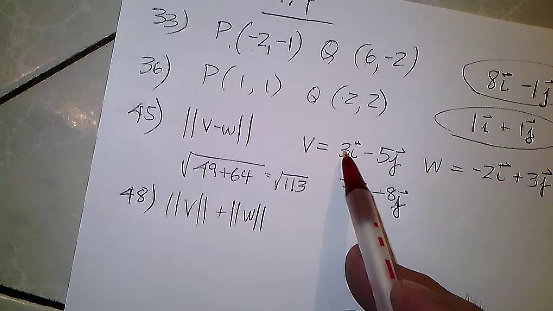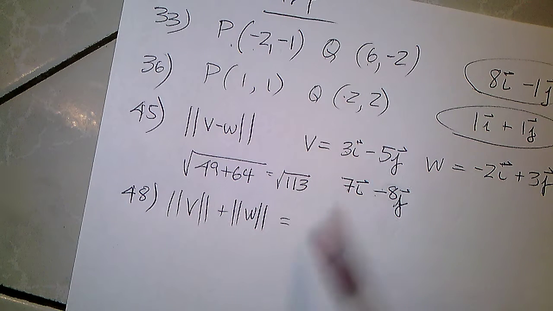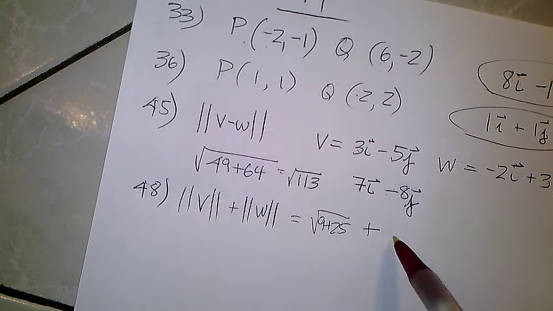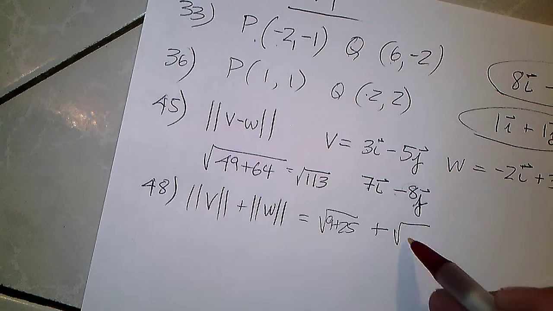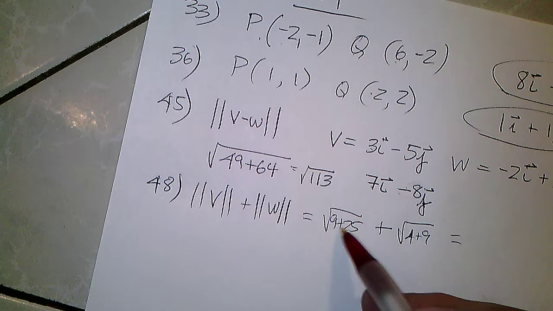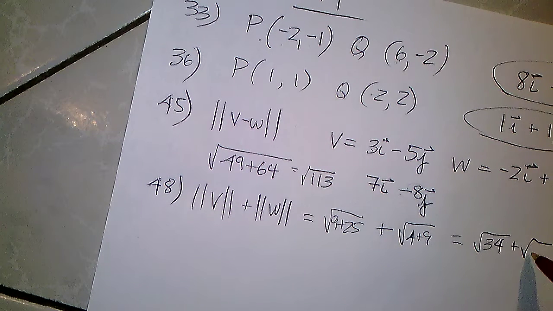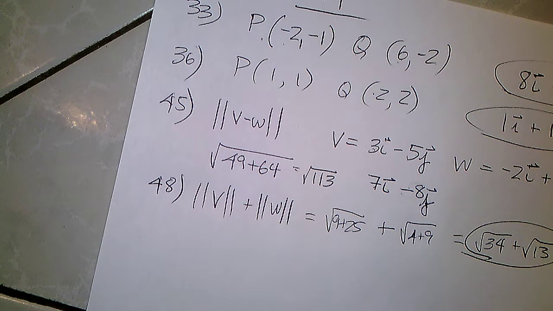So the length of V is the square root of 9 plus 25, plus the square root of W is 4 plus 9. So that's the square root of 34 plus the square root of 13. That's what those two added are. And you could do a decimal value if you want to.